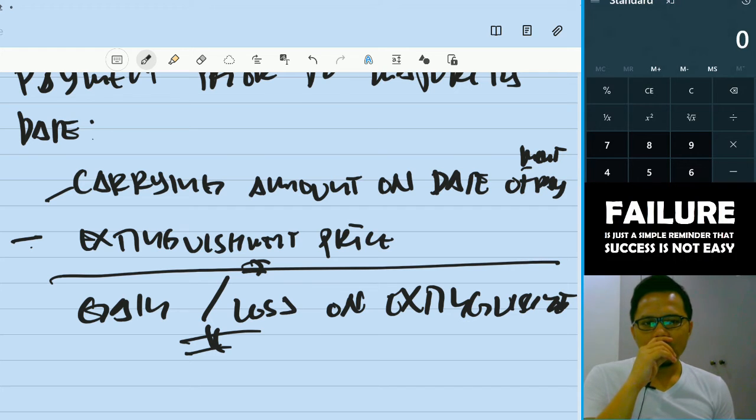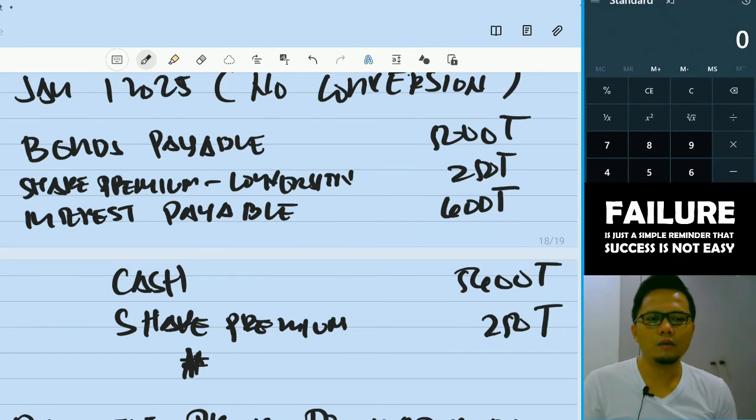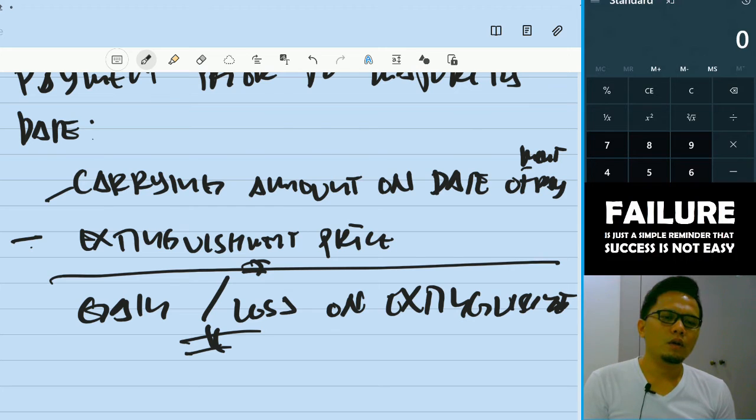So, same concept on the date of issue, on the date of payment we also need to allocate the extinguishment price between the liability portion and the equity portion.